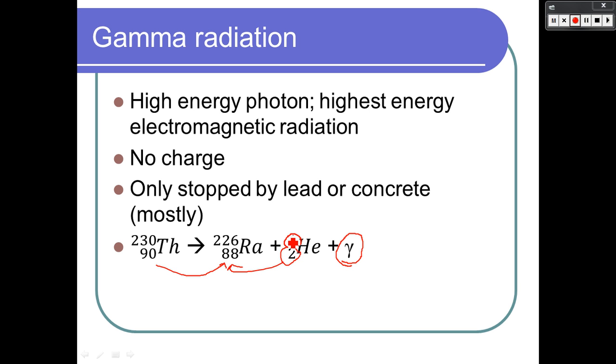And then there's 4 particles lost, 2 neutrons and 2 protons, and so that changes the 230 to 226, and that's alpha decay. But in addition to that, there's also some gamma radiation given off. And that's what makes this kind of decay so harmful. So that's why early people working with radiation who didn't really know what it was so often got cancer and often died. Not because of the alpha radiation that would be given off, but because of the gamma radiation that's given off in addition to the alpha radiation.